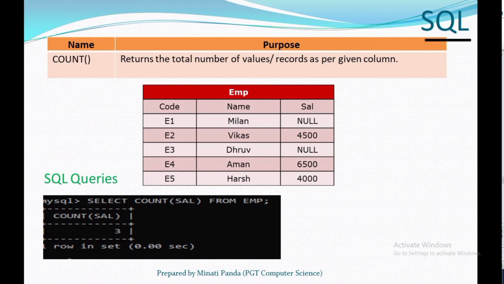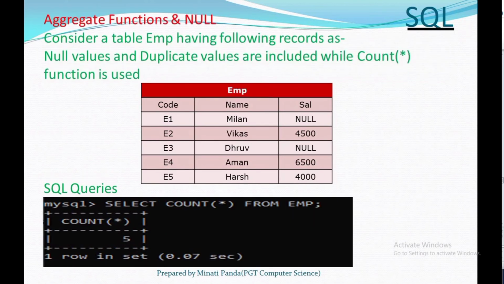It will exclude them and SELECT COUNT(salary) FROM EMP will give 3, because there are only 3 values and 2 null values. It will omit them. In the COUNT(*) function, null values and duplicate values are included.